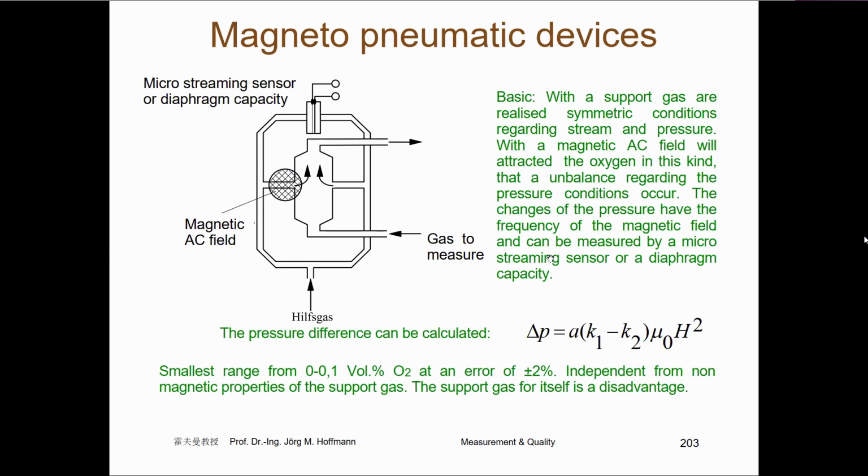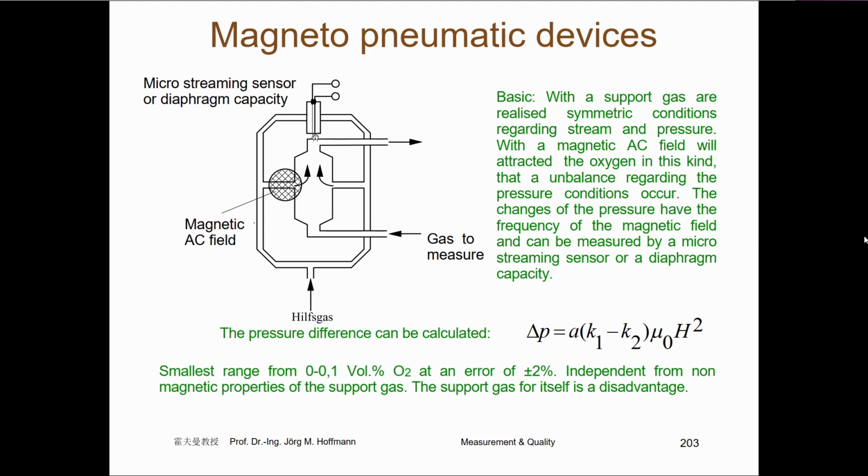So I think that I can cut a little bit. Here we have the same: you have the gas, and here you have a magnet, so that you attract the oxygen out of this ring, and you get a different pressure on the right side and on the left side.